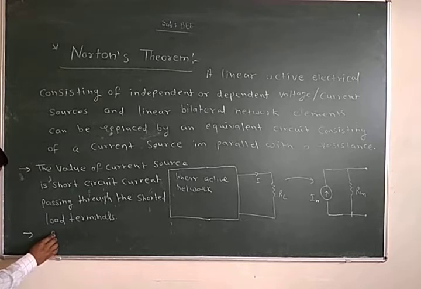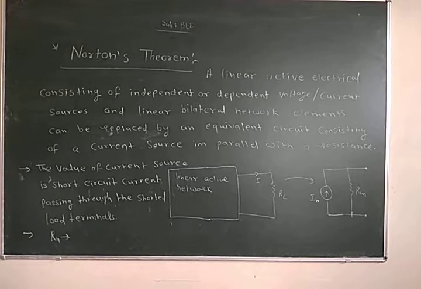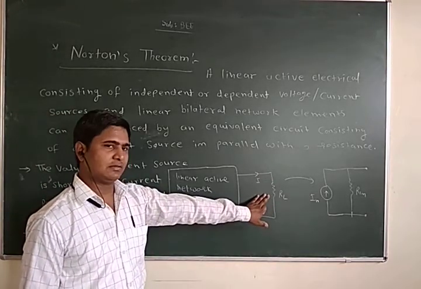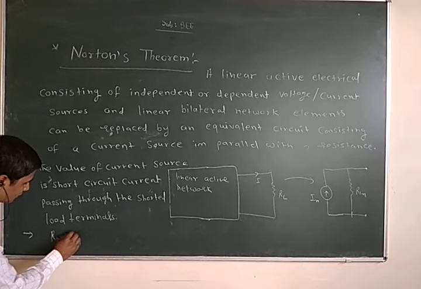The parallel resistance is Norton's resistance RN. It is the resistance across the open circuit load terminals. We can say it is the equivalent resistance of the source network.